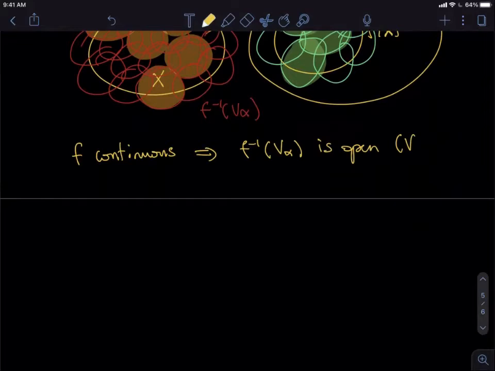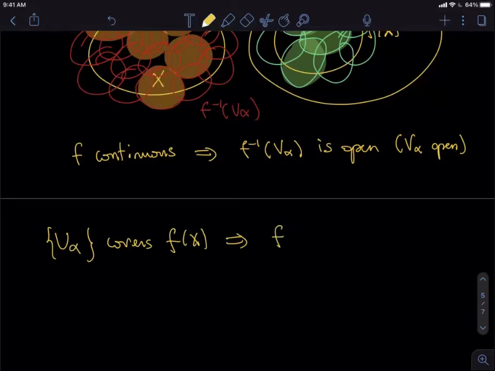Here we are using that V alpha is open. Now, because the V alpha cover f of X, that means that the inverse images of the V alphas cover X. But X is compact.